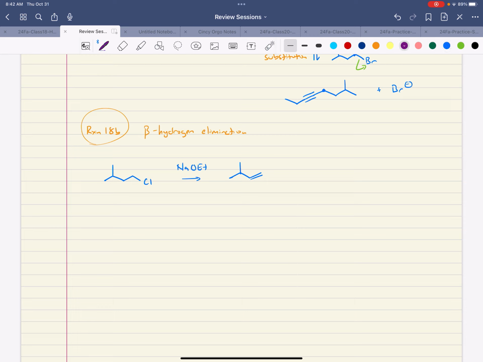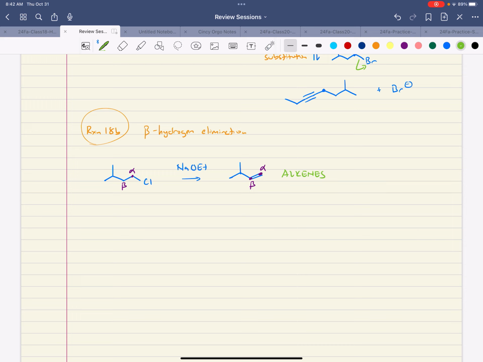So if you know you're doing an elimination, go ahead and mark your alpha and your beta. Your double bond will occur between the alpha and the beta. Elimination gives you alkenes, and also alkynes if you do double elimination.